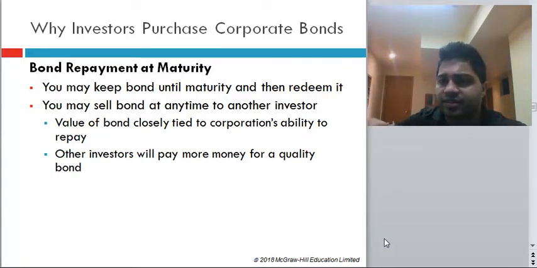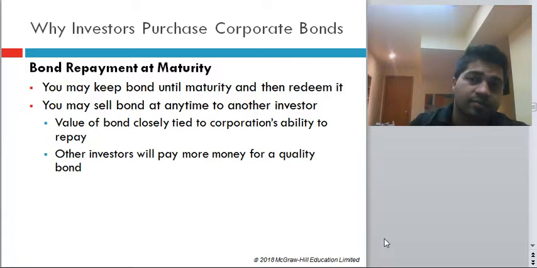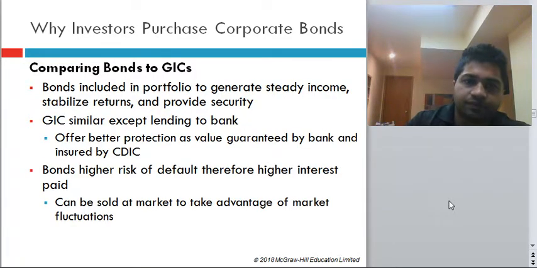The moment negative news like this hits, the bond prices of GM will fall because the probability of General Motors paying its bondholders decreases. Any positive news, any positive profits, the bond prices generally go up, and negative news that threatens the coupon payments, bond prices generally go down. Other investors will pay more for a quality bond.